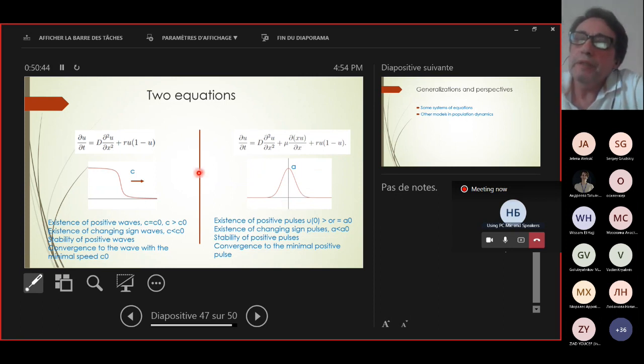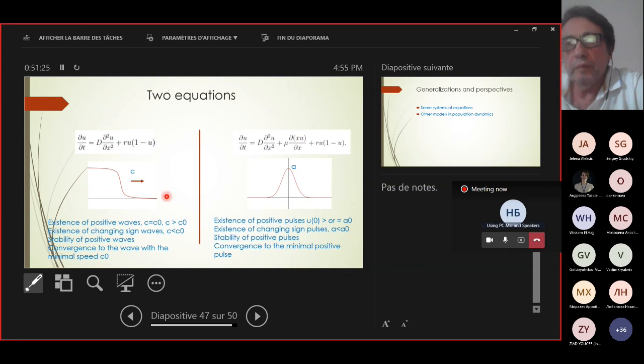Here we consider in some sense as a parameter the wave speed, but in this equation, our parameter is the value at the maximum. There is a value at the maximum, I call it A0, such that positive solutions exist for all values of a0 greater than or equal to this value. If we take the value of this parameter less than the critical value, then the solutions are not positive.